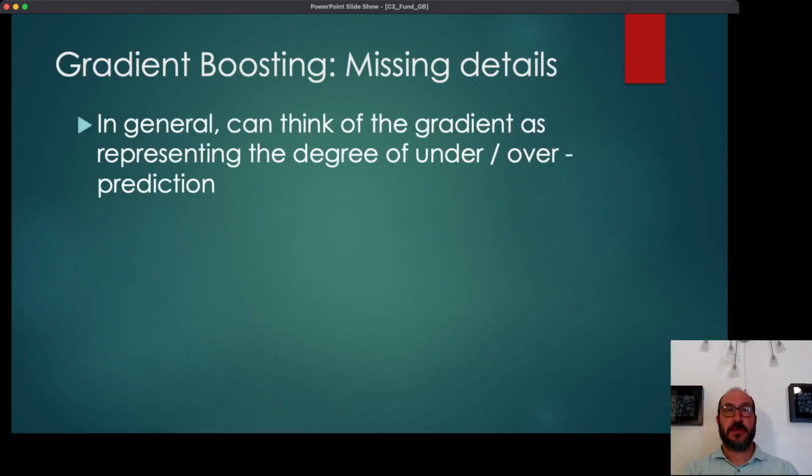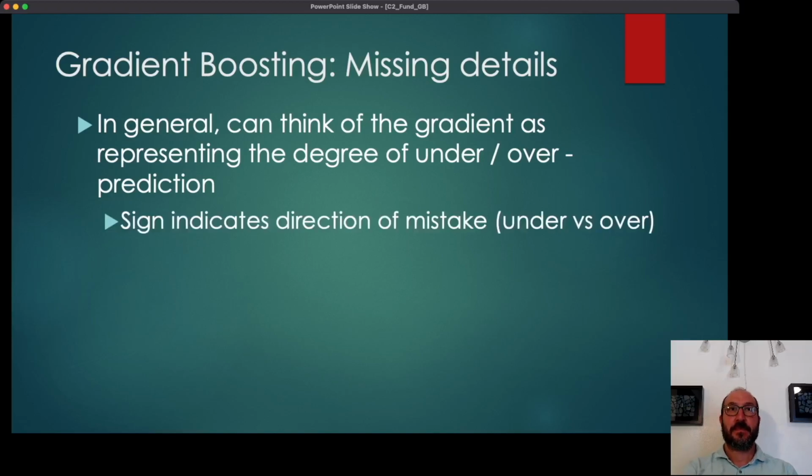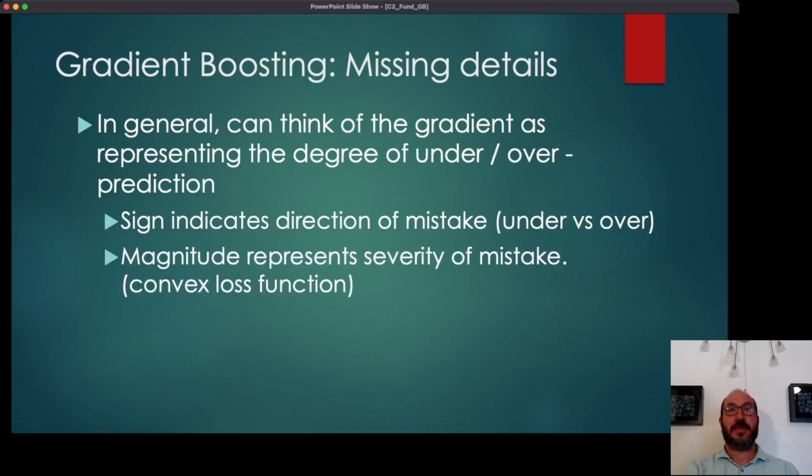So in general, the key concept to get in your head is that the gradient represents the degree of under or over prediction. The sign is what tells you the direction of the mistake: did I underpredict or did I overpredict? And the magnitude represents the severity of the mistake. This is particularly true if you have a convex loss function, which is typically the case.